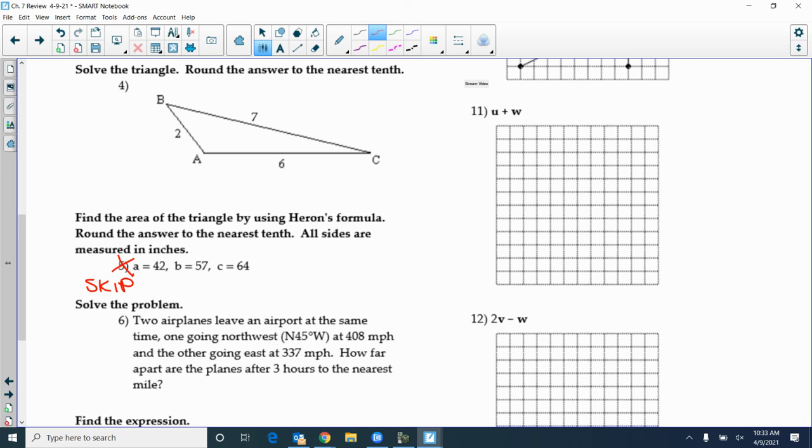Hey, this is too easy. Well, no, I got it. Let's do it.